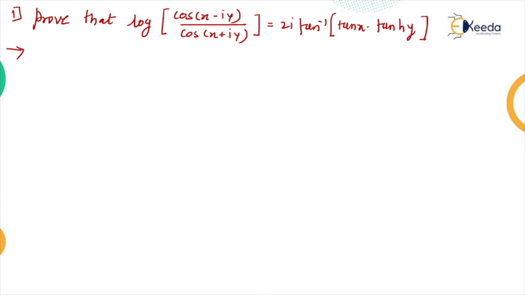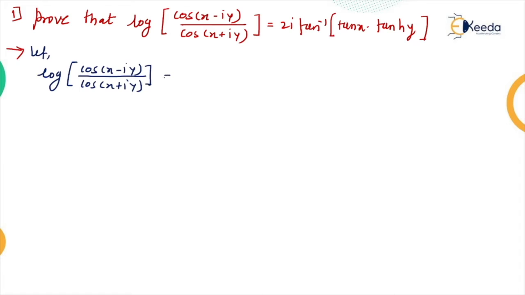So let's see. I am taking the LHS first: log of cos(x minus iy) divided by cos(x plus iy).